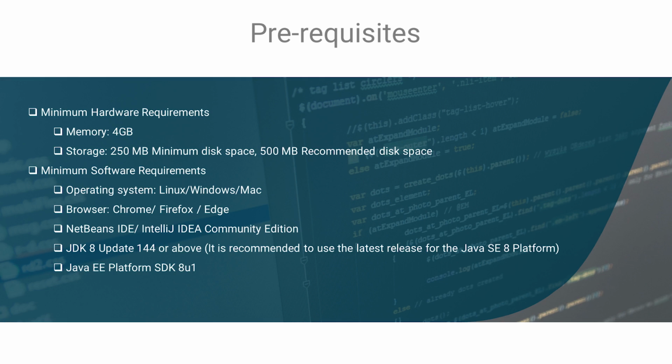You'll also need to install Java Standard Edition 8. It is recommended that you use the latest release of the Java Standard Edition 8 platform and Java Enterprise Edition Platform SDK 8U1. In section 3, you will be guided on how to install and set up Java SE and Java EE platforms on your computer.